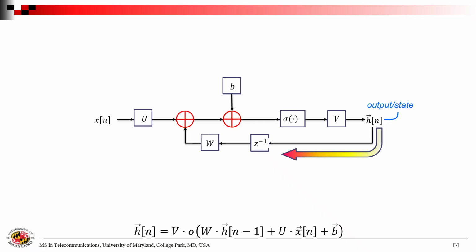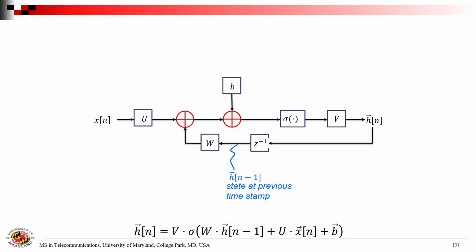And I always understand block diagrams better coming from the output of an adder. So we're going to head towards the first adder. So the output state heads into a single delay. So we get the state at the previous time step, h at time n-1. And then that gets pre-multiplied by the recurrent weight matrix w.